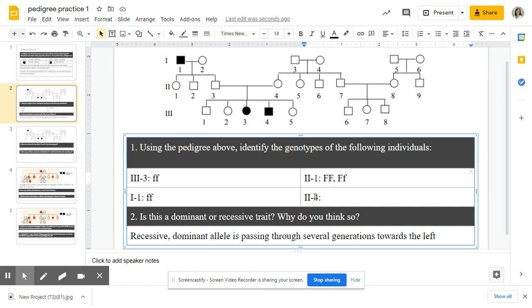And person from generation 2, person 4, if we look at that person, is connected to generation 2, person 3. They had children together. What's interesting is both of them do not show the trait, but they have 2 children that do, which means we all know the only way that you have 2 people who have the dominant trait and do not show the recessive trait, and still have children with the recessive trait, is if you somehow have that small chance of creating the recessive genotype.